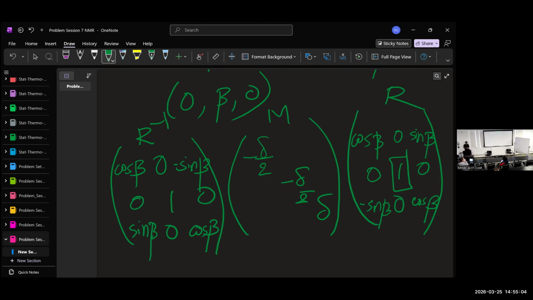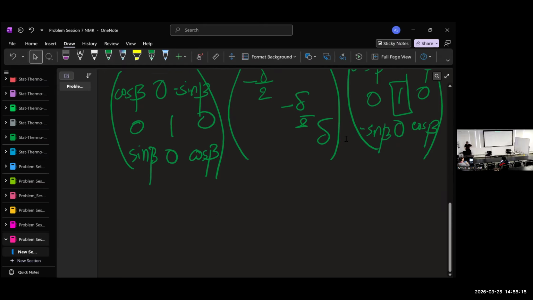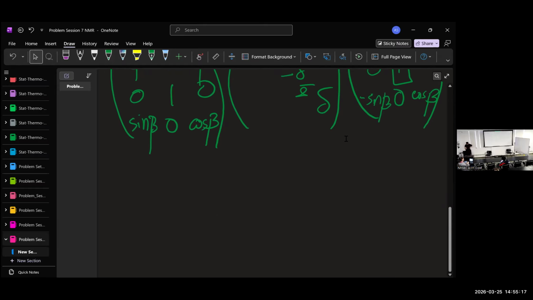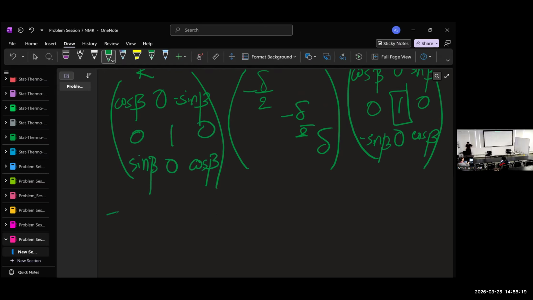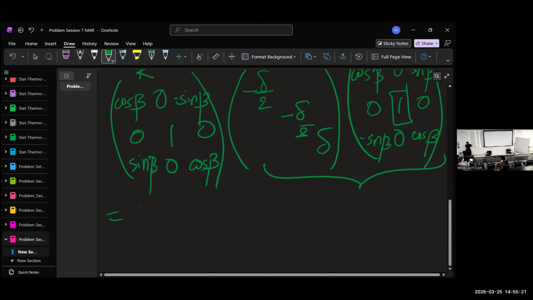Does this make sense? Now all you have to do is calculate the multiplying tensor. So let me take these two first. What does that give me?